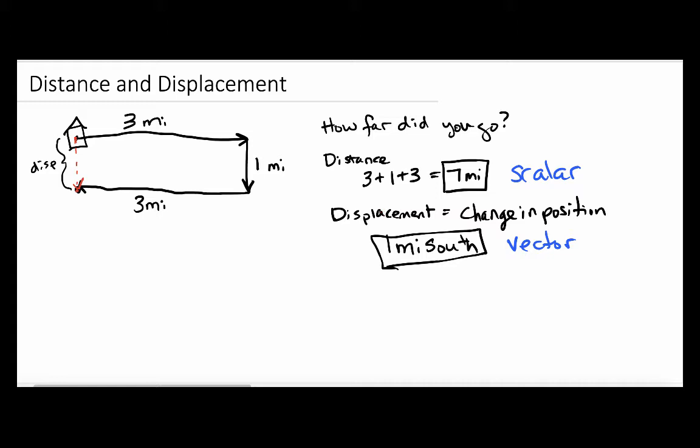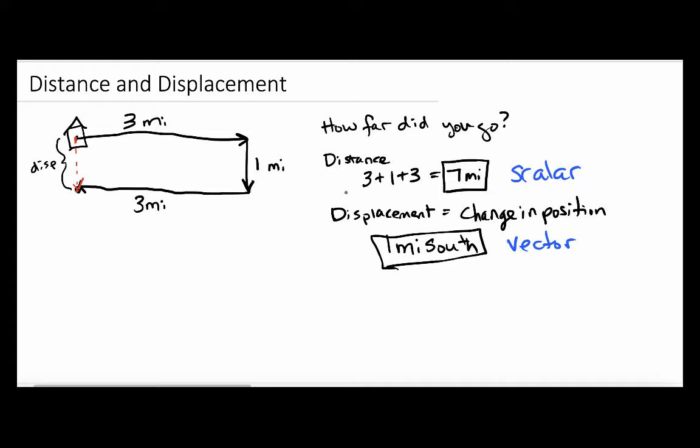Displacement is a vector. Vector quantities have direction. So this displacement, I can say not just that I'm 1 mile from the house, but that I'm 1 mile south of the house. The real thing with vector and scalar, when we say direction, it's not necessarily south and north, east and west, but positive and negative. So if you have distance, you can't go a negative distance.